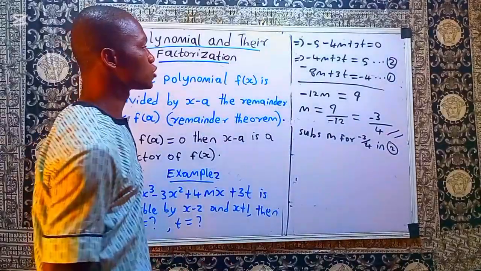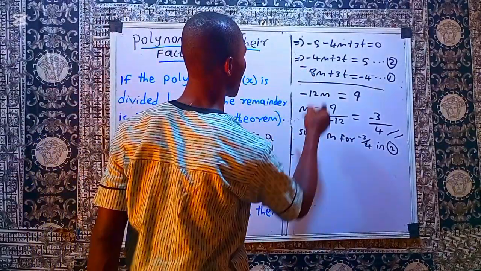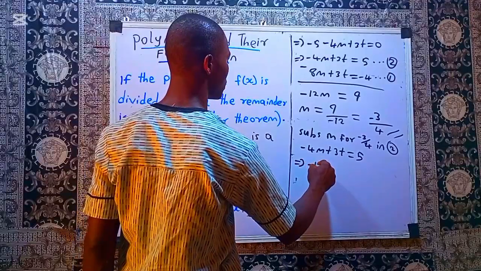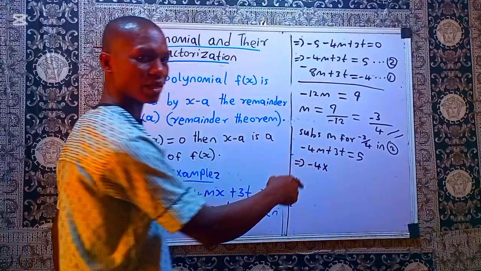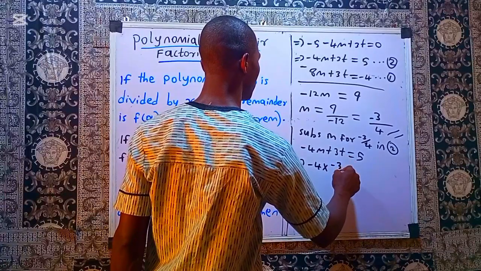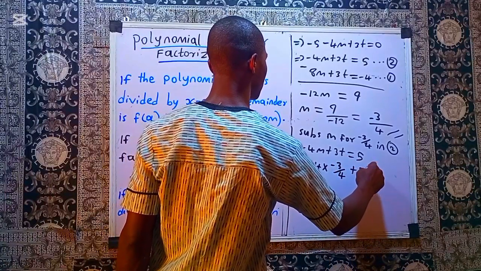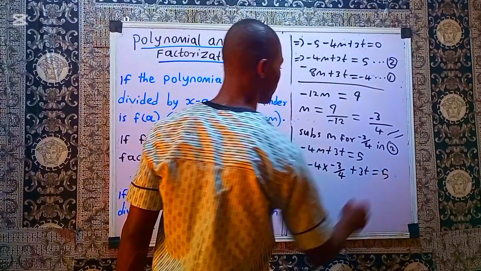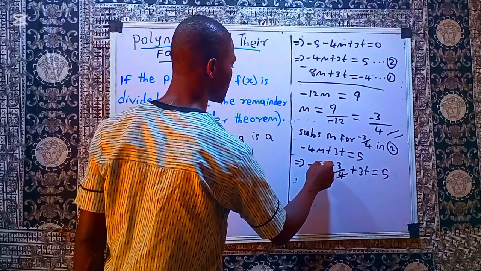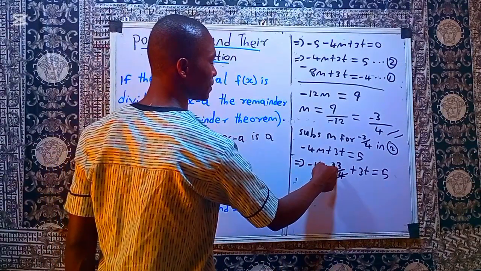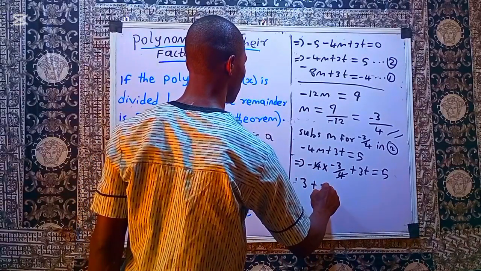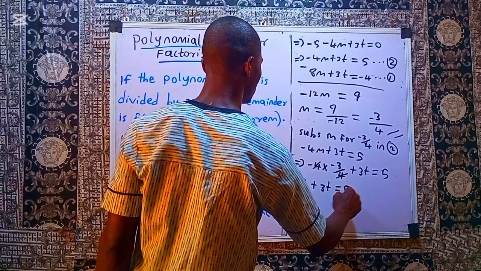So from equation 2, we have minus 4 times, what is our m now? We have gotten m to be minus 3 over 4. Minus 4 times minus 3 over 4 plus 3t is equal to 5. So 4 can cancel 4, and minus multiplied by minus 3, I'm going to have positive 3 plus 3t is equal to 5.